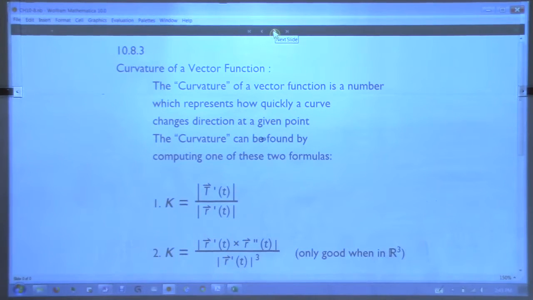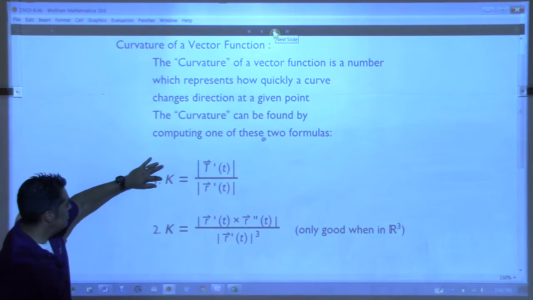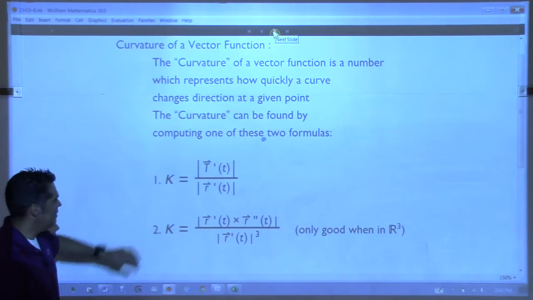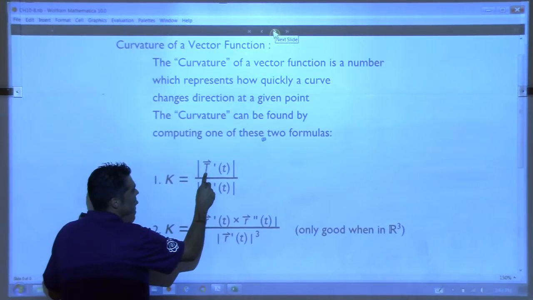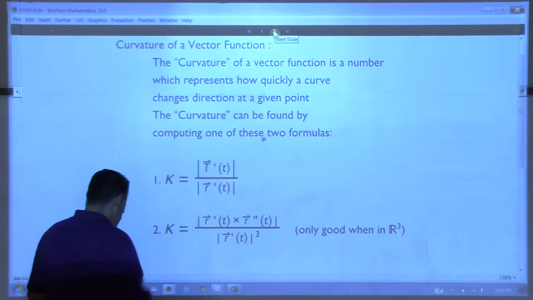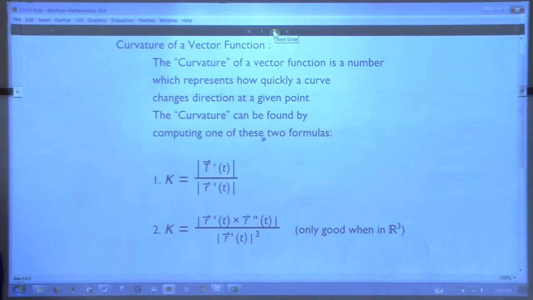The way we calculate it, this is the notation: we use K for curvature. K is equal to, you recognize capital T? Capital T was the unit tangent vector. I'll put the formula up here so you remember.